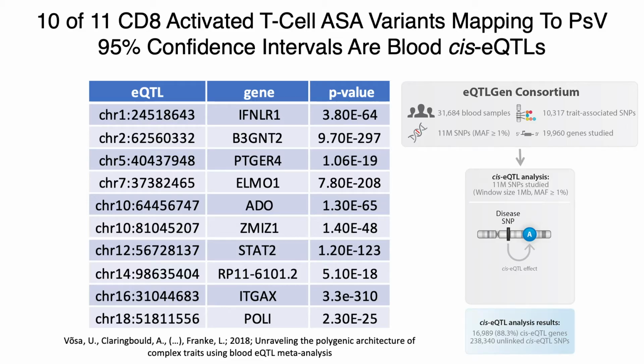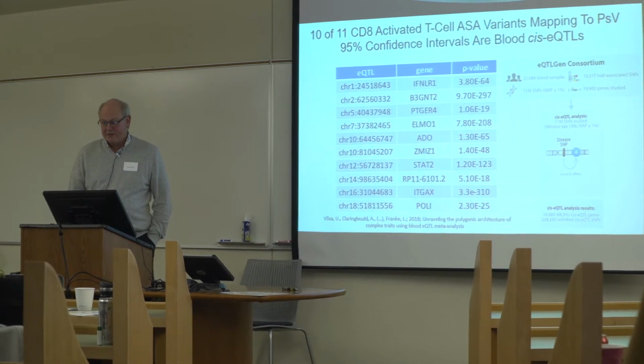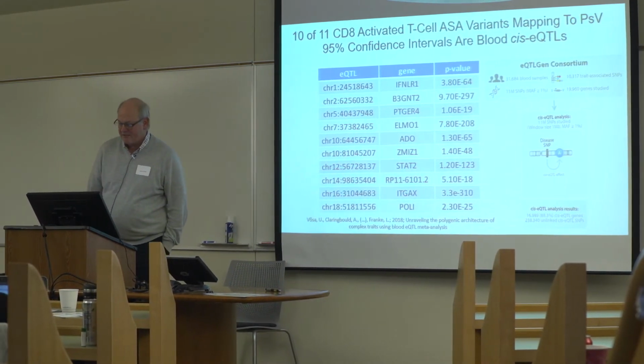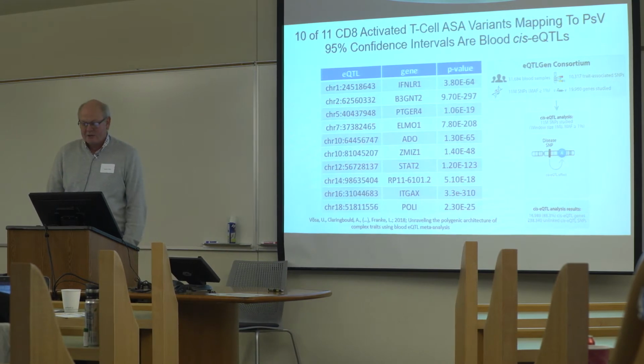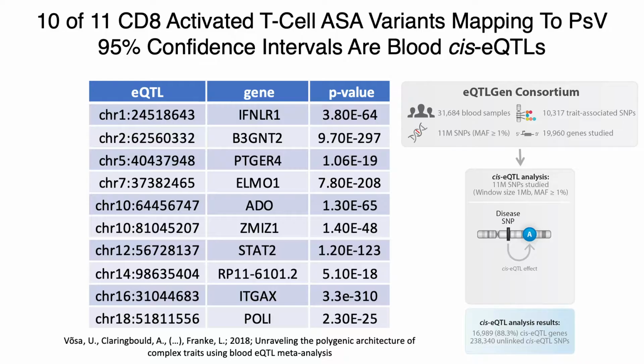Here's an example for activated CD8 positive T cells: 10 out of the 11 variants that we found in the activated T cells that map to psoriasis 95% confidence intervals are also blood cis-eQTLs. We got that information from the eQTLGen Consortium, which is a really nice resource.